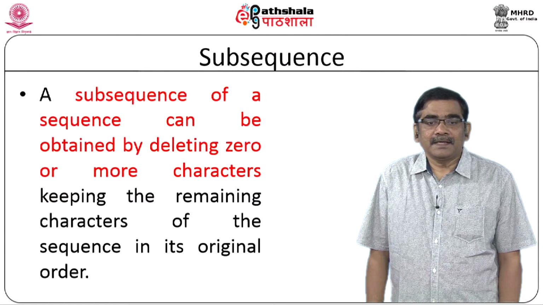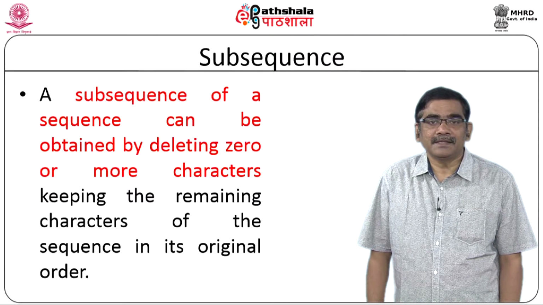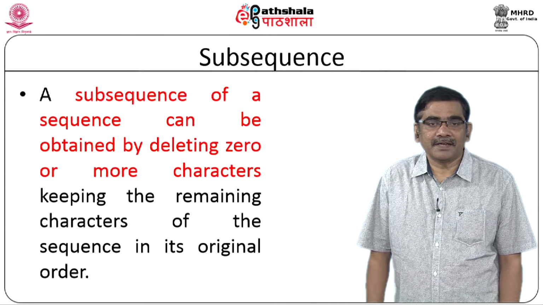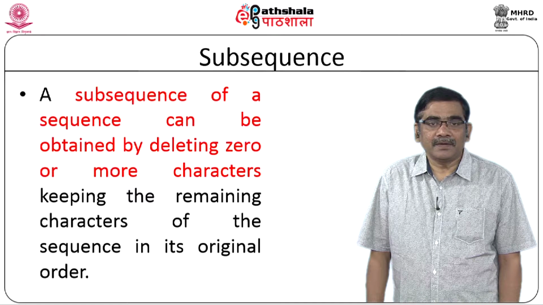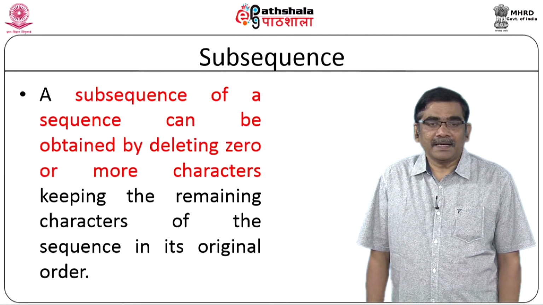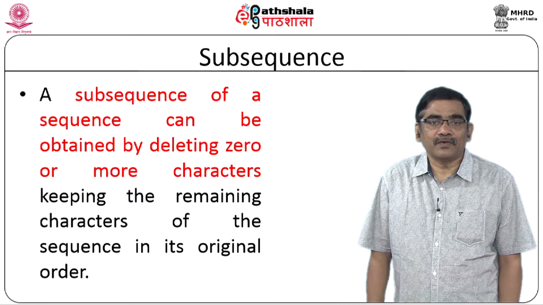The subsequence is obtained by deleting 0 or more characters, keeping the remaining characters of the sequence in original order. For example, if food is the string, then I can delete 0 or more characters to get the subsequence. If I delete F, then OOD is a subsequence of food. Similarly, I can delete FOO and D is a subsequence of FOOD.